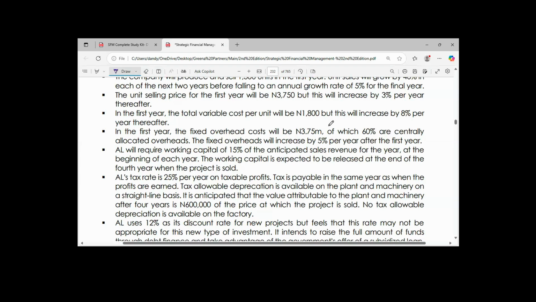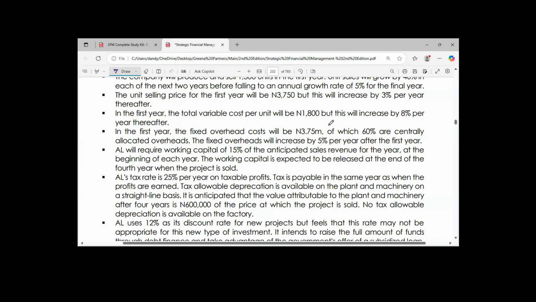AL will require working capital of 15% of the anticipated sales revenue for the year at the beginning of each year. The working capital is expected to be released at the end of the fourth year when the project is sold. AL's tax rate is 25% per year on the taxable profit. Tax is payable in the same year as when the profits are earned.